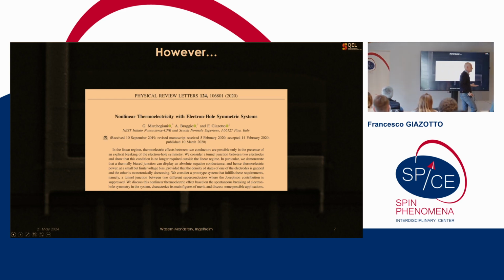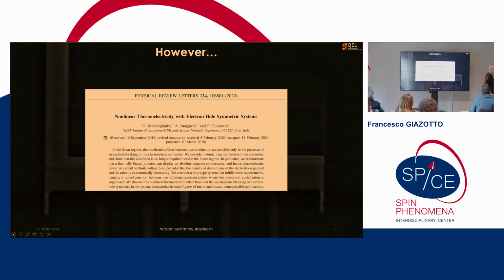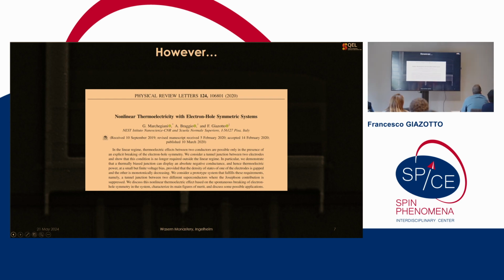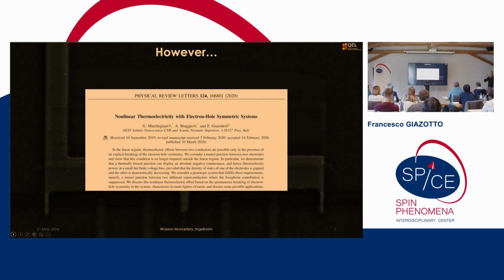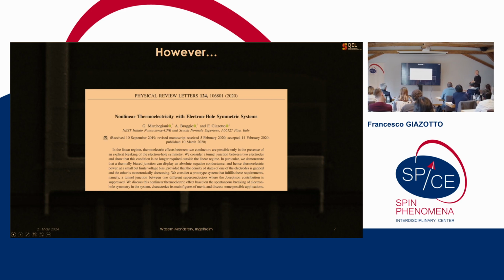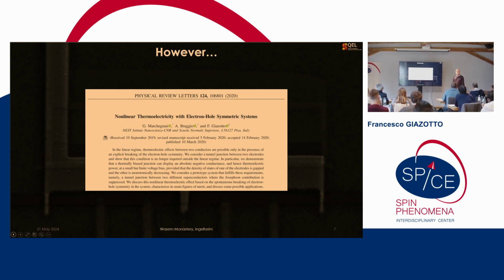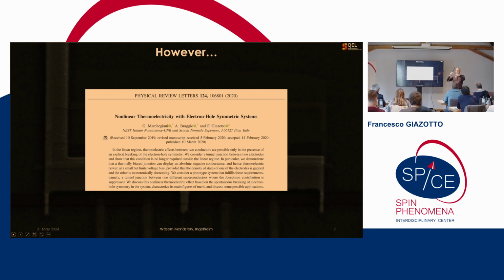If we make a tunnel junction with two different superconductors, one of them is gapped and the other is monotonically decreasing. No? So we have the tails of the BCS density of states. Okay, so this system here is the prototypical one. With one of them you will be within the gap and the other one you're going to be outside the gap. That's the idea. So you just need this prototype system.